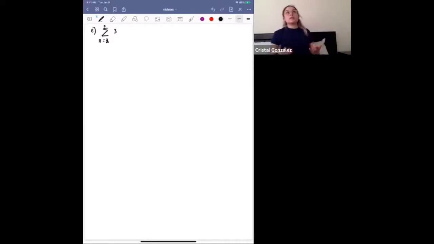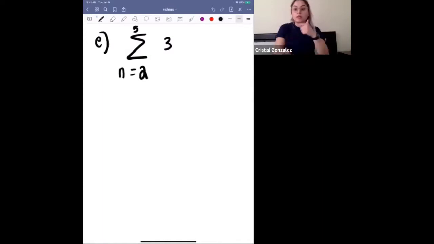So here's the thing. For this problem, we have an index. Our index is n, and it starts at 2, but my argument inside is just 3. Actually, n's not even involved at all, so we don't have anything to plug it into. Since n is the thing that changes each time we plug something in over and over again, and in this case we don't have that, it's not going to change, but we still have to iterate through.